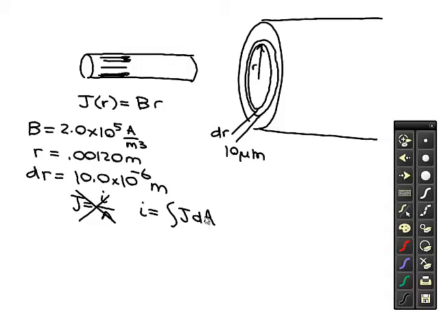In your notes, we have the definition of current: the integral of current density with respect to area. For this particular problem, all we want is the current running through that ring. In other words, we want the little bit of the total current that's there.